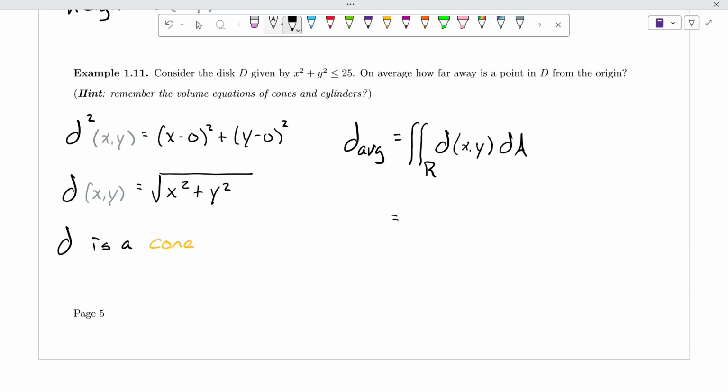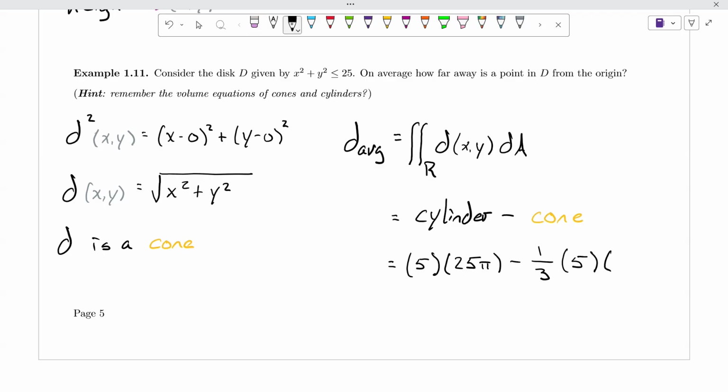Meaning to get that volume or the volume of the integral, I really want the volume of a cylinder minus the volume of our cone. The cylinder should have a volume of 5 times 25 pi minus the volume of a cone, which is 1/3 base times height.